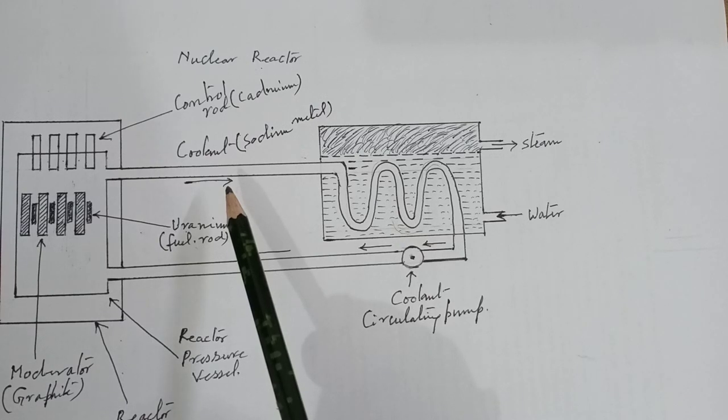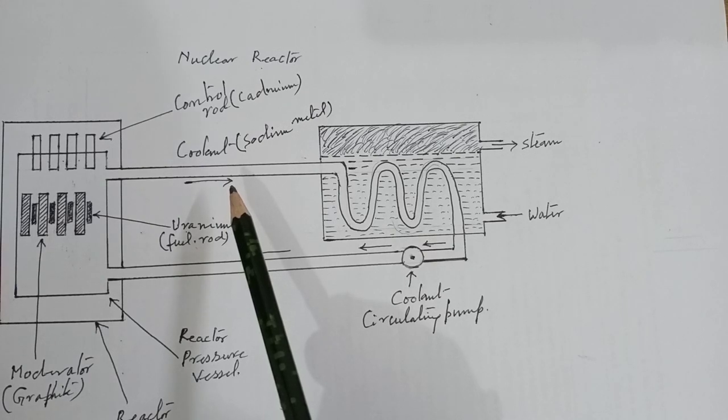But in a reactor, controlled chain reaction is allowed. This is done by systematically removing the fission neutrons from the reactor. The greater the number of fission neutrons removed, the lesser is the intensity of fission rate of energy released.